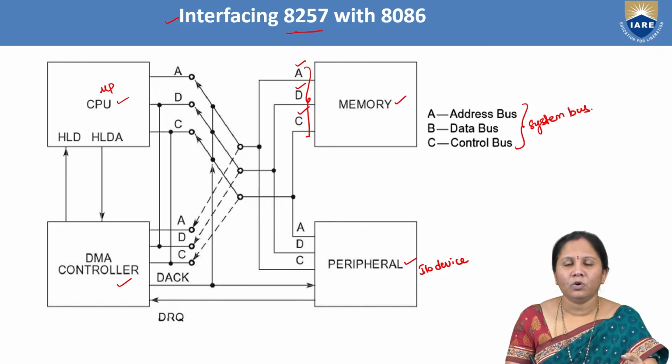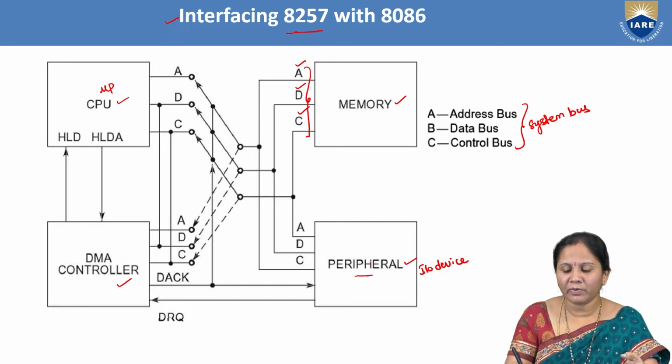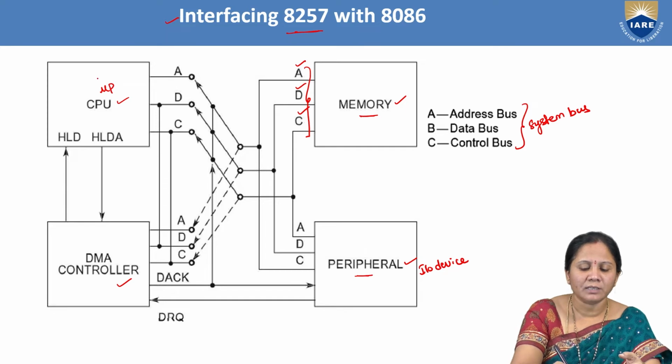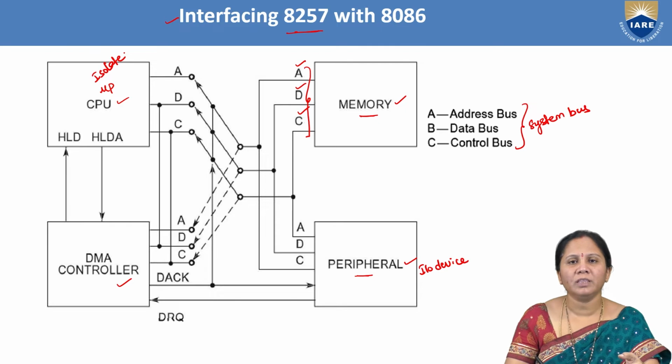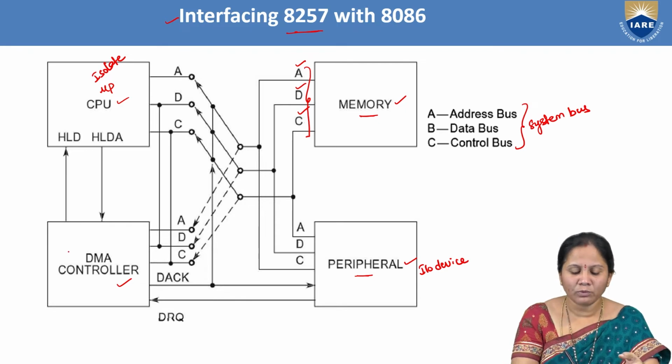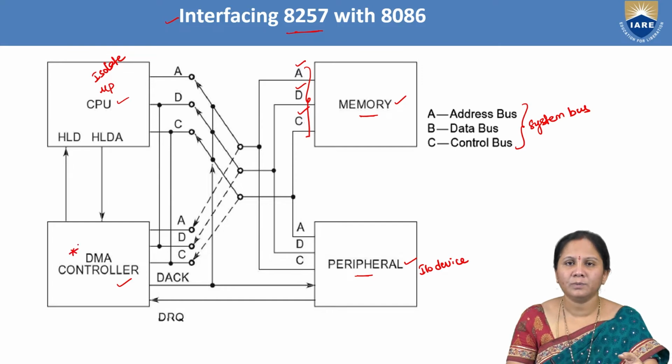In order to have the fastest data rate between these peripheral devices and memory, we need to isolate this microprocessor. To do that, we have to use one important hardware unit which is called the DMA controller.